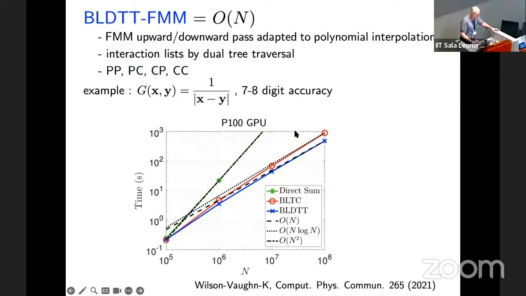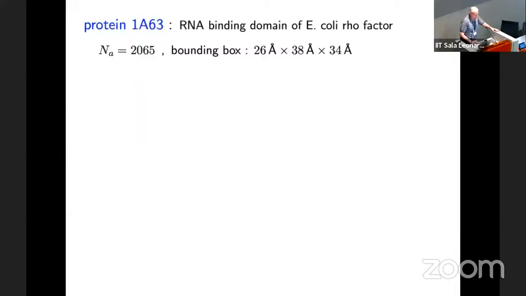The red line is the BL tree code. The blue dots are the barycentric Lagrange dual tree traversal fast multipole method, and it's asymptotic to O of n.